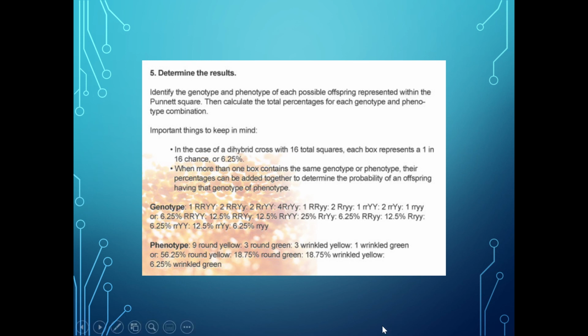Well, you have here that round yellow, round green, wrinkled yellow, and wrinkled green will get a percent of 56.25% of appearing in the offspring. Now, let's look at one that's a little bit more uncommon. Wrinkled green will have only a possibility of 6.25% of appearing. Alright, so that's basically some analysis on what will happen in the Punnett squares.